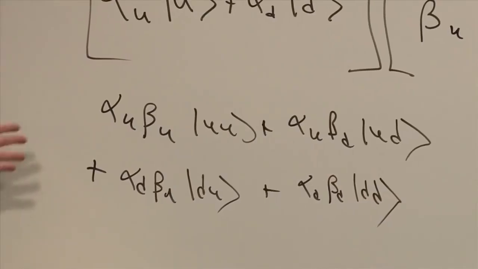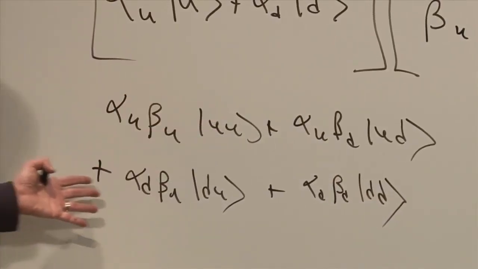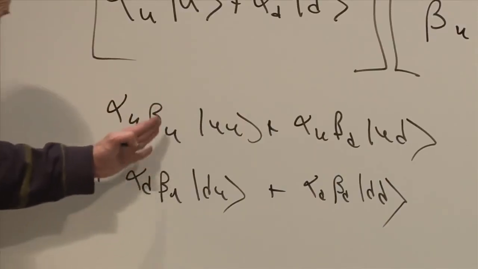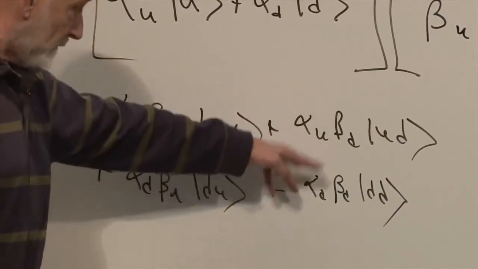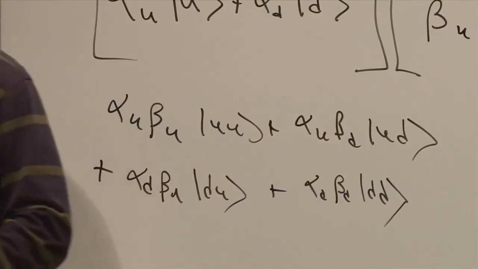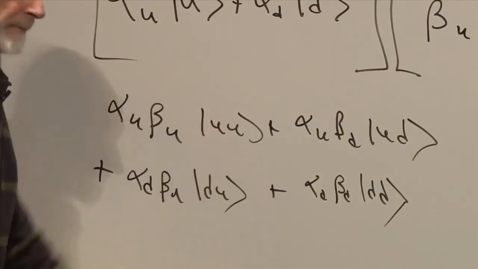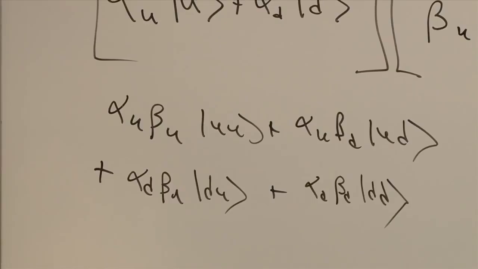All right, now, of course, this is of the form of a general vector, but there's something special about the coefficients here. The coefficients factorize, and therefore this is in a certain sense special to some extent. Let's see if we can quantify how special.